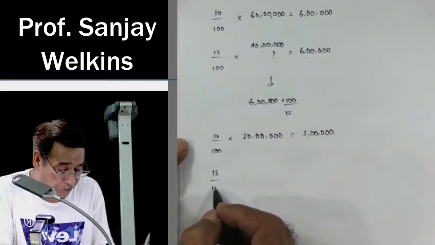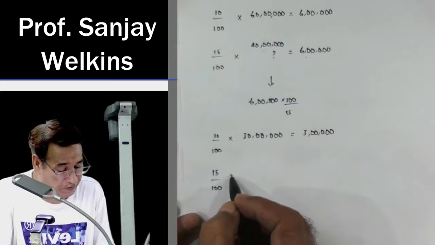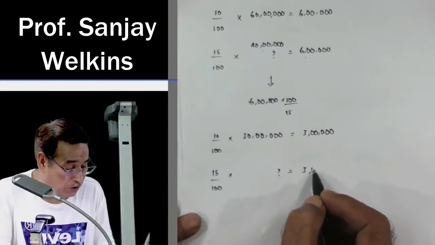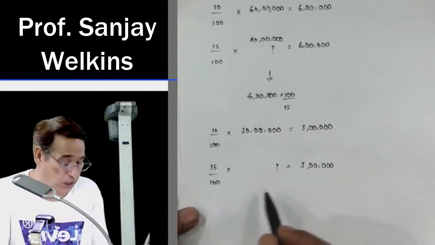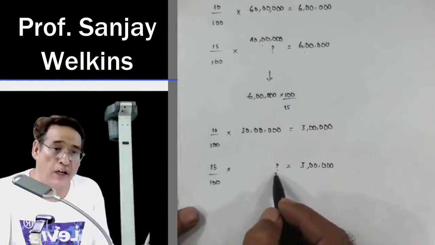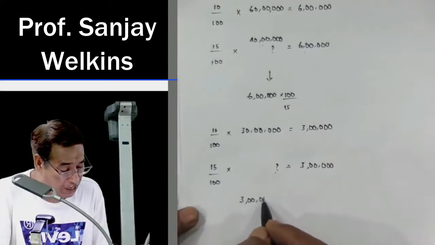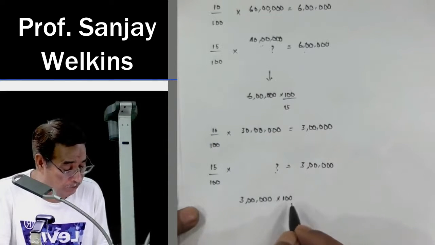We are offering debentures with a coupon rate of 15%. So what will be the amount of debenture so that interest payment still remains 3 lakh? Similarly we can compute this one also. In order to find out the figure of the question mark, all I need to do is to multiply 3 lakh with 100 and divide it by 15.